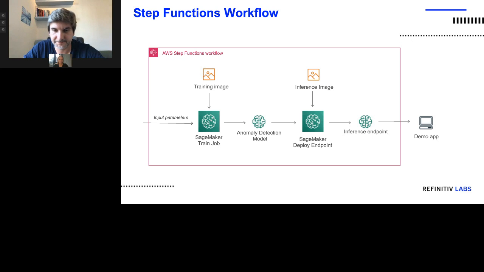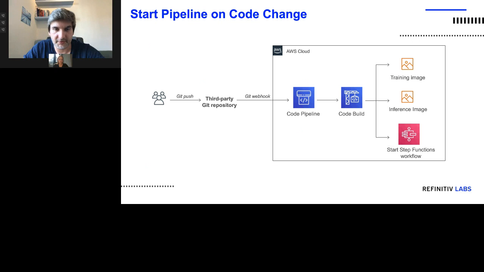And the integrations I'm going to show are the following. First, when you change your training code, or any code in the repository, the CodePipeline and CodeBuild AWS services are set up to pick up this change and start the build process, and CodeBuild will package training code and inference code into these two Docker images.